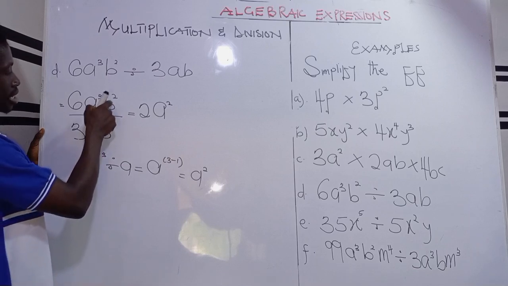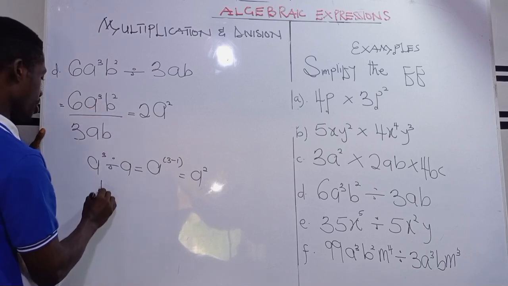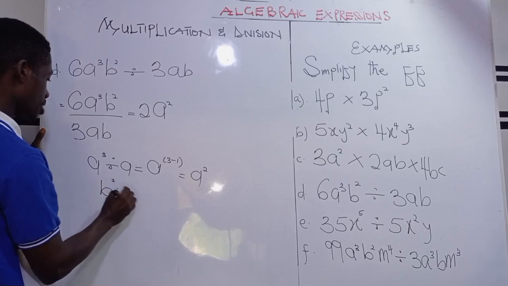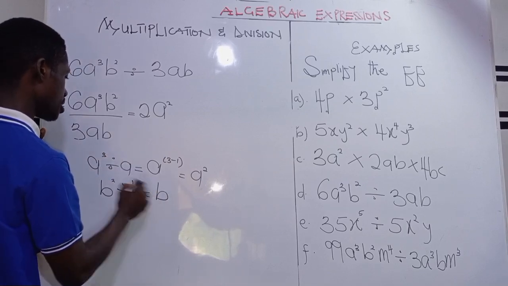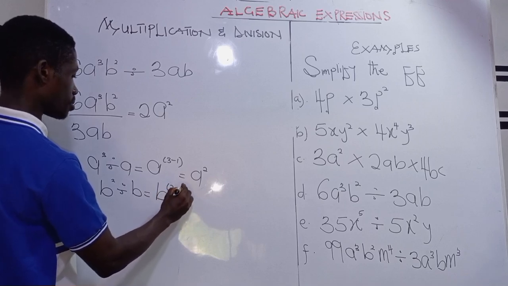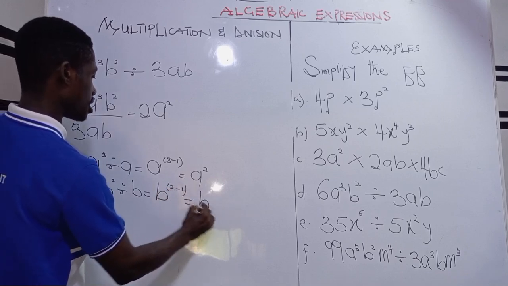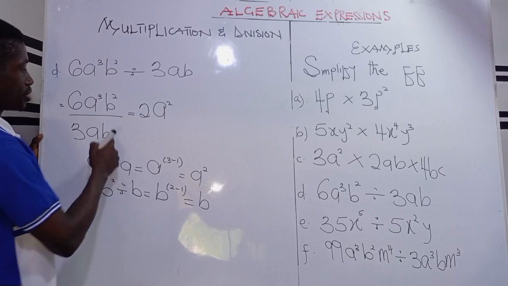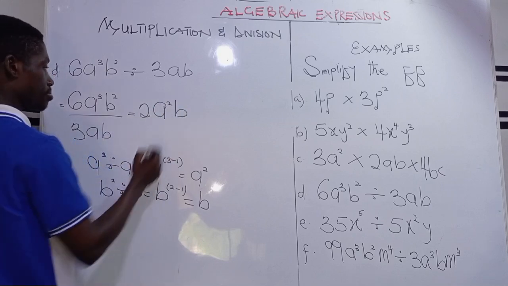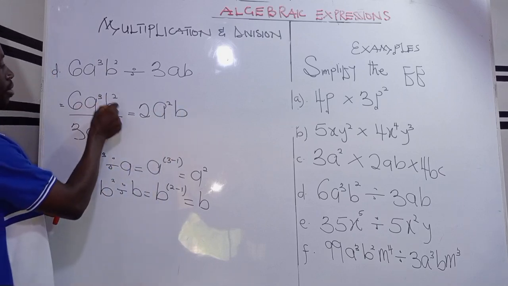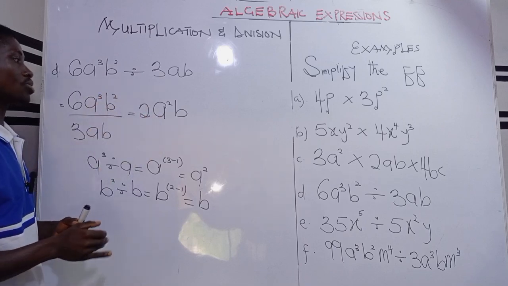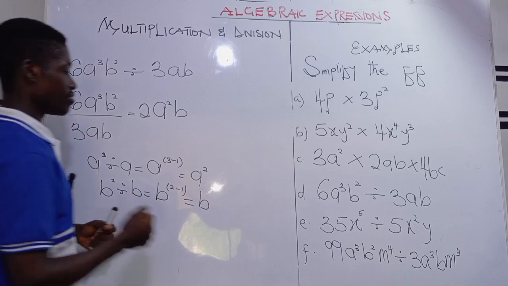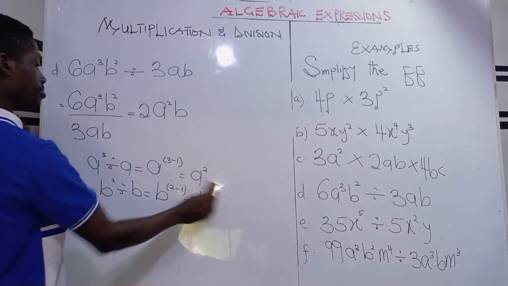Now since the bases are the same and they are dividing, we have b power 2 divided by b. So we pick one of the bases and then we subtract their exponents. So this gives us b. So 6a power 3 b power 2 divided by 3ab gives us 2a squared b. Very, very easy.